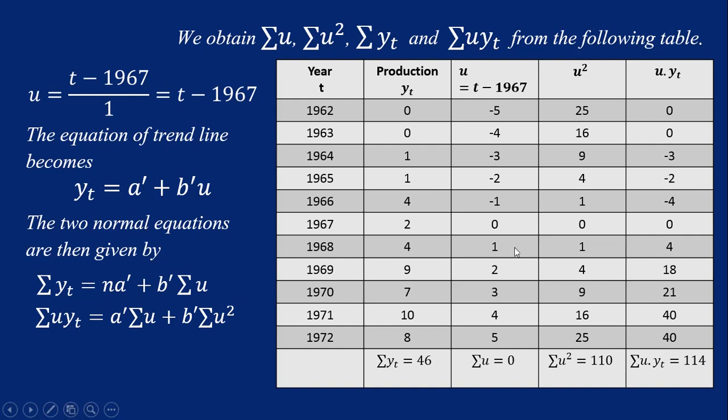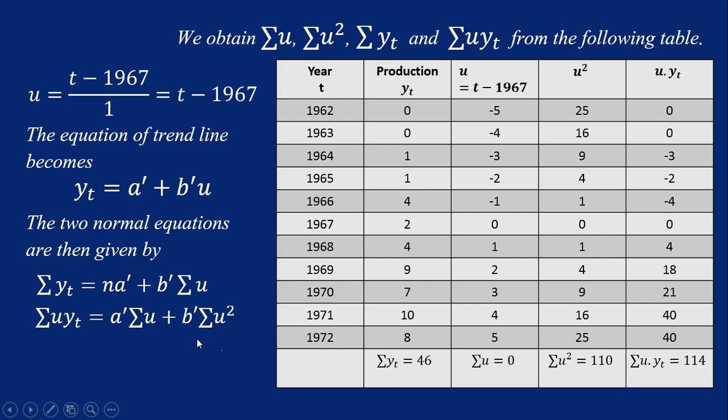So here we get u, then u square: minus 5 square is 25, minus 4 square is 16, 9, 4. We square all the numbers in this column and write them here, so we get the column for u square. Then u yt, we take the product of entries in these two columns: minus 5 into 0 is 0, minus 4 into 0 is 0, minus 3 into 1 is minus 3, and so on. We take this product and we get these values.